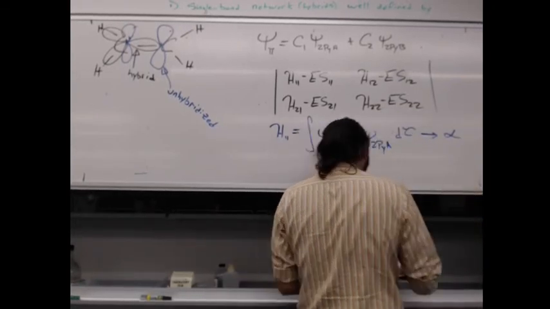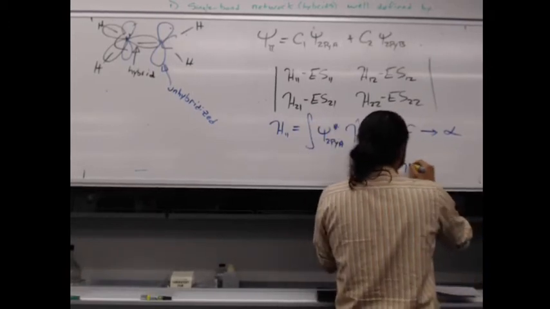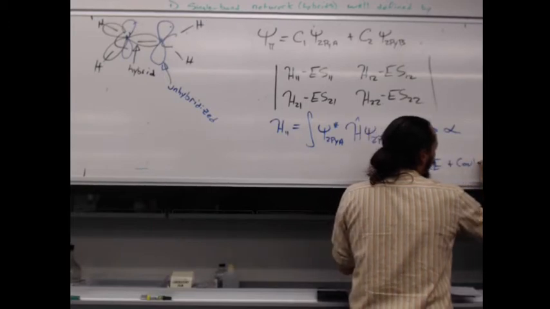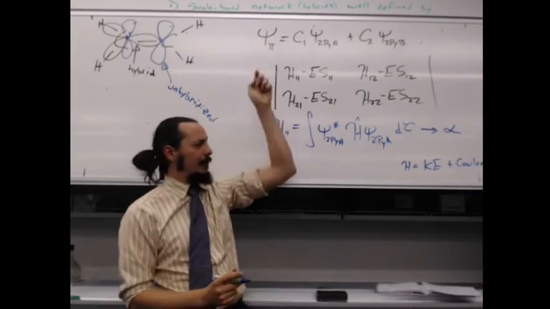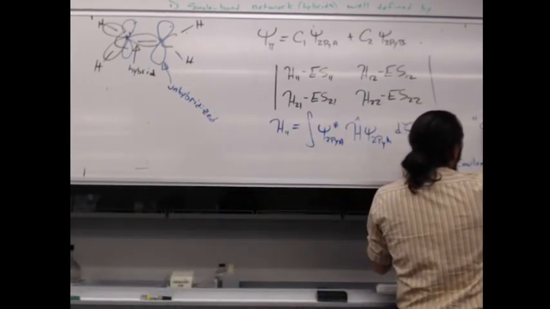I was frustrated by this, but essentially your Hamiltonian is going to be some kinetic energy part plus some Coulomb part, where that Coulomb part's due to all of the sigma electrons. In this case, this is again called a Coulomb integral.